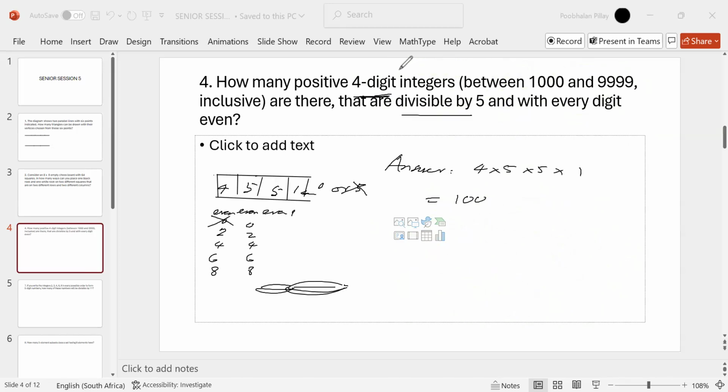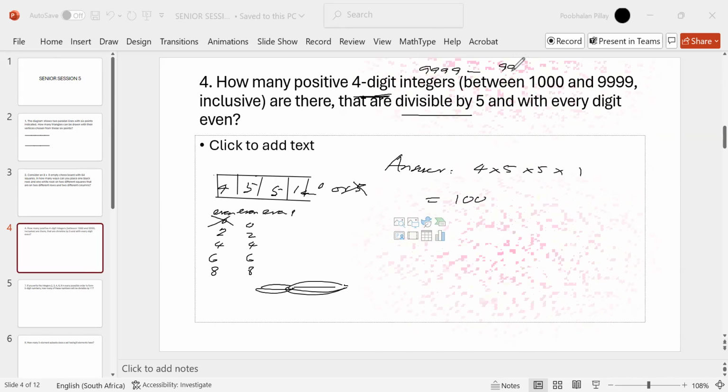Between 4-digit numbers. How many 4-digit numbers are there? The last 4-digit number is 9999, and the first 4-digit number is 1000. But you have to subtract not 1000, but one less than that. So that gives you 9,000 4-digit numbers.